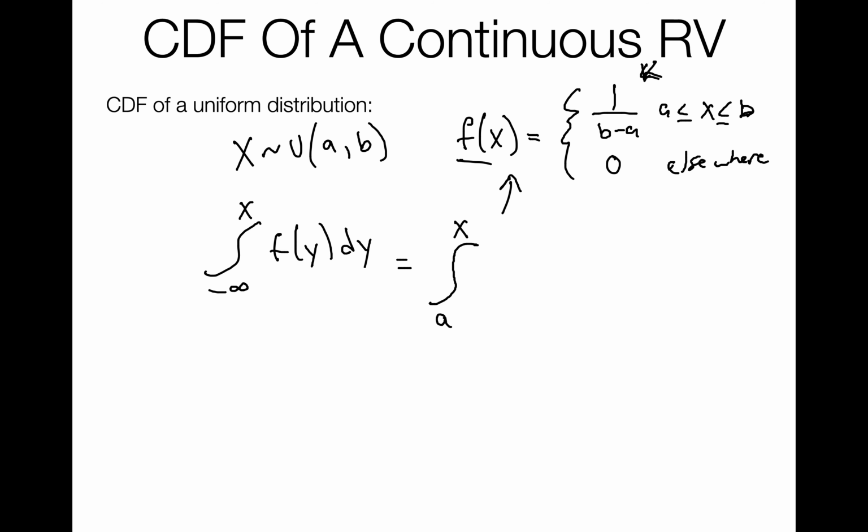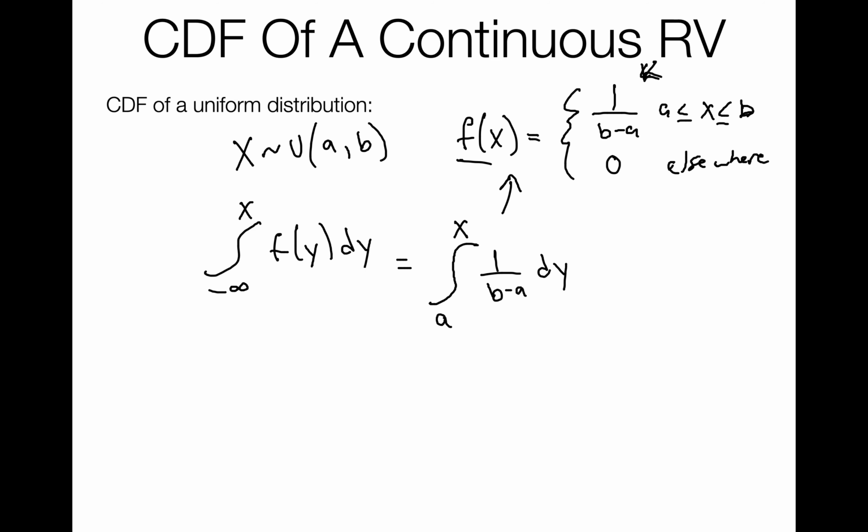Anywhere between negative infinity and a, the density is 0 there, so I don't really care about negative infinity to a, I only care about from a to b. That's the only place where it's defined. And so I have the integral from a to x of 1 over b minus a dy.